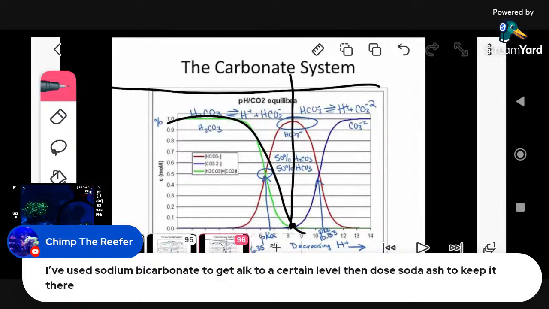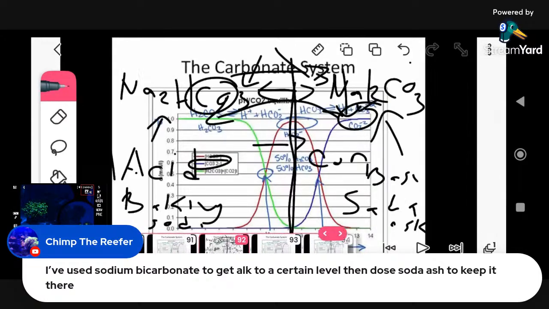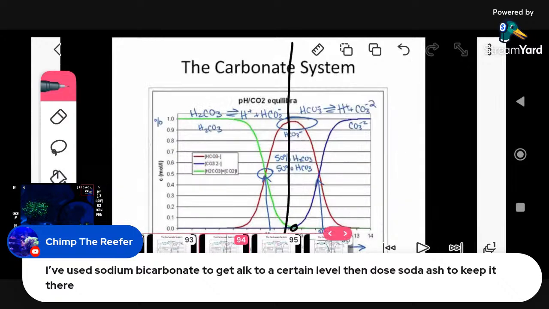Chimp threw a buffer. Let's say you only threw in one of these. Let's say on this equation, you only have baking soda. Baking soda is naturally already found in natural seawater, so you're a lot safer using baking soda.